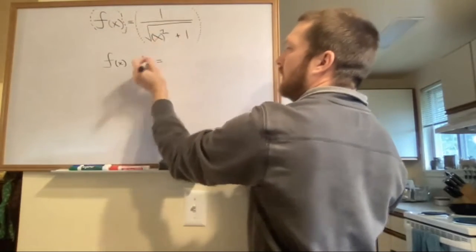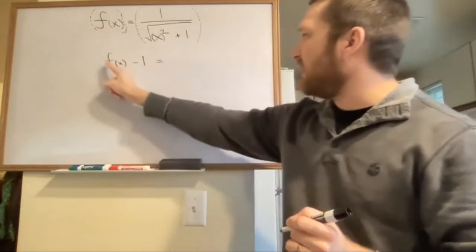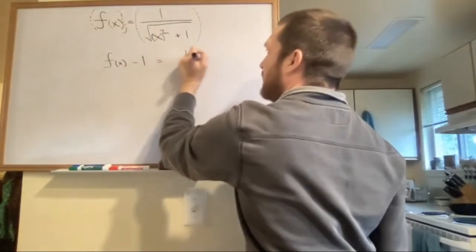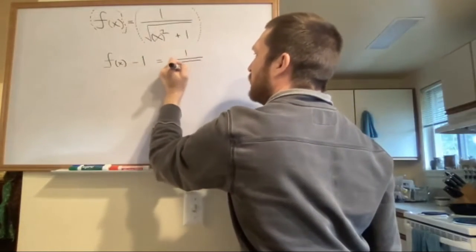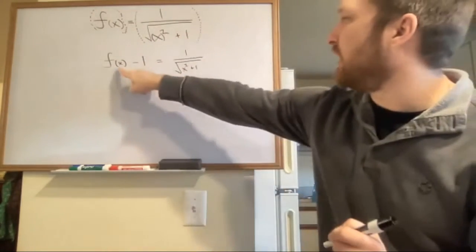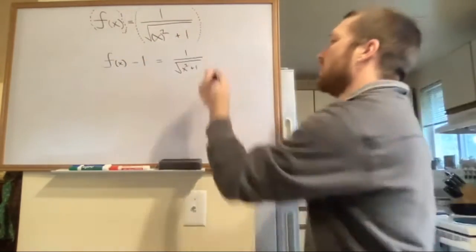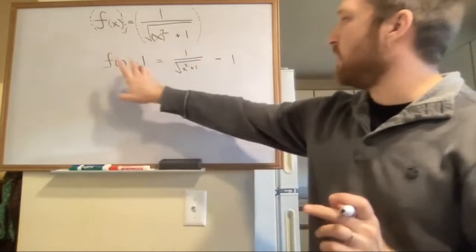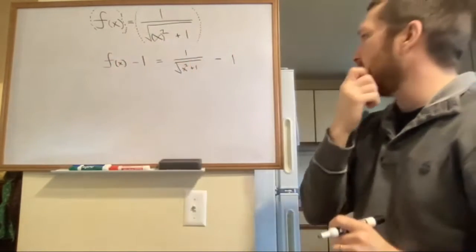The output is 1 over the square root of x squared plus 1. And then once you have that output, you subtract off 1. And so that would be that guy right there.